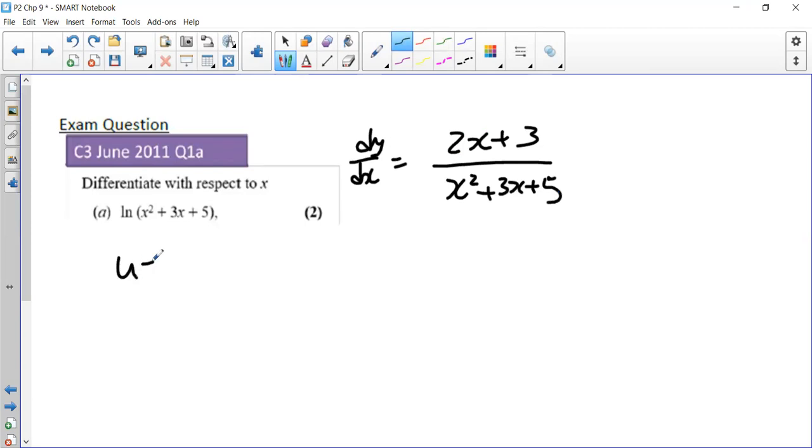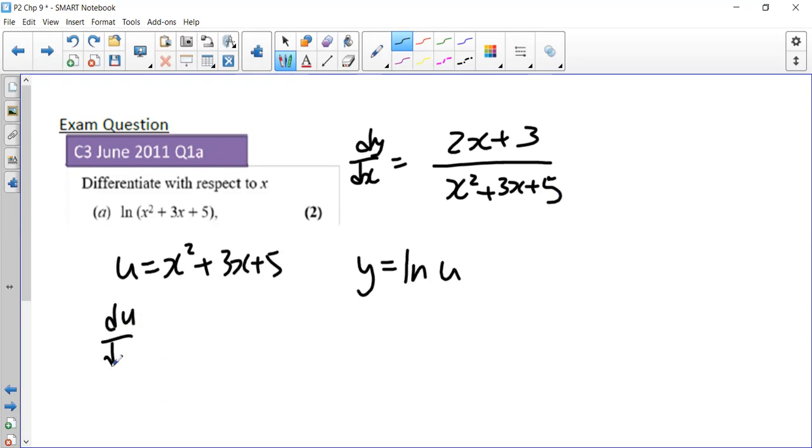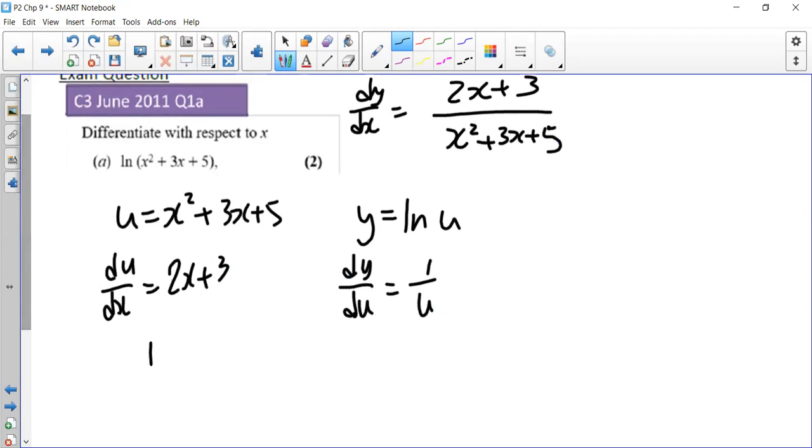So we know u is the inside layer, x squared plus 3x plus 5, and y equals ln u. So du by dx, differentiate that, is 2x plus 3. dy by du, differentiate that, is 1 over u. Therefore, dy by dx is simply multiply together: 2x plus 3 times 1 over u.